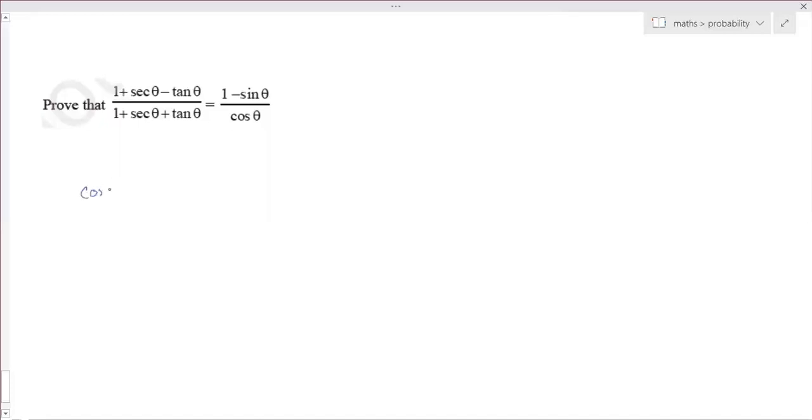You will get cos theta minus 1 minus sine theta divided by cos theta plus 1 plus sine theta. What will you do after this?